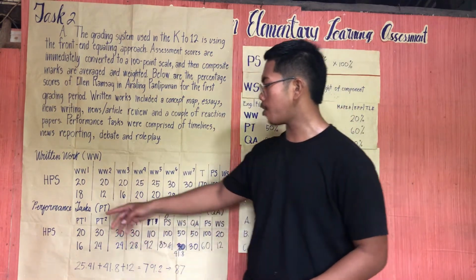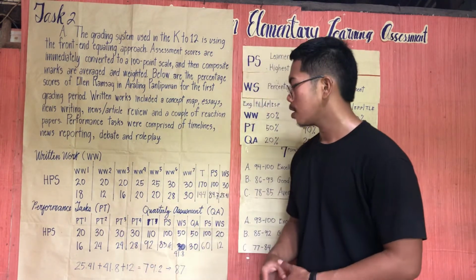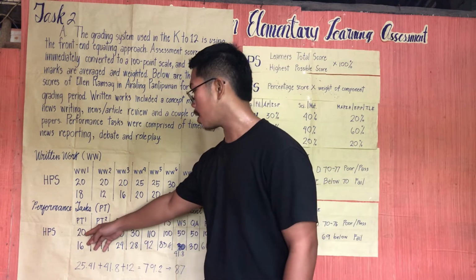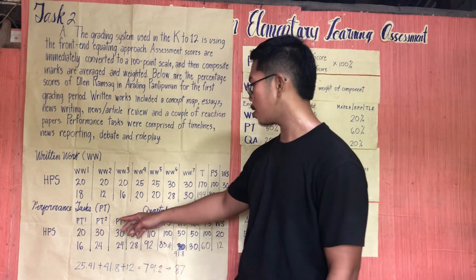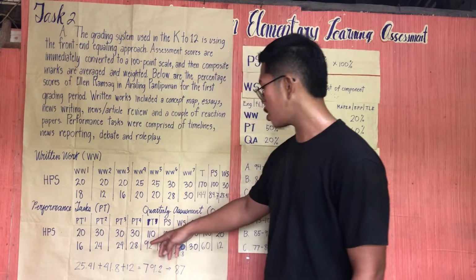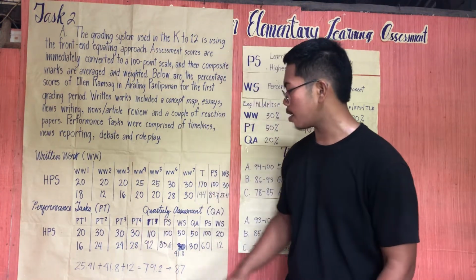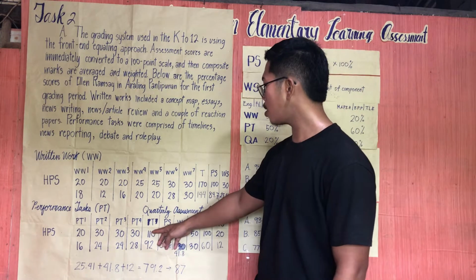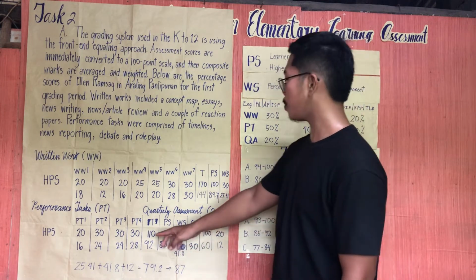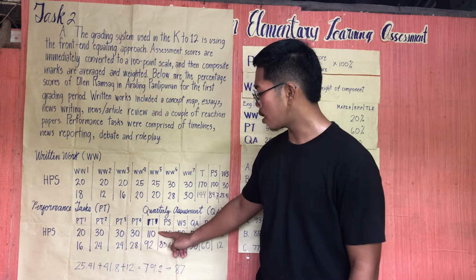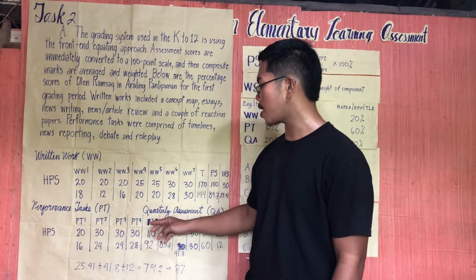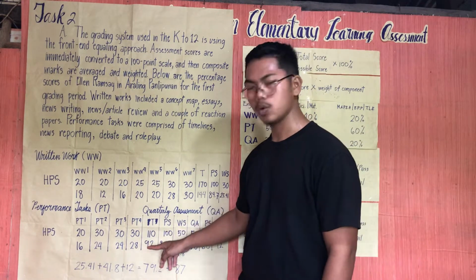And for the performance task, for the upper part, performance task 1 until performance task 4, the overall highest possible score is 110, while Ellen Ramsey got 92.